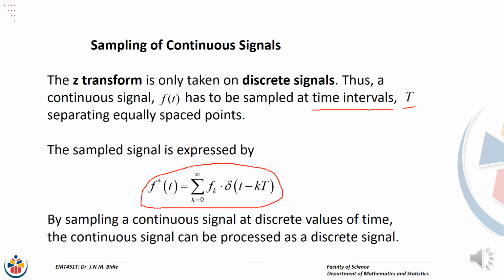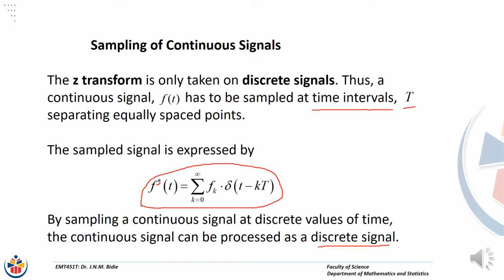Note that if it is sampled, it will be signified by f star of t. And note that by sampling a continuous signal at discrete time values, the continuous signal can be expressed as a discrete signal.